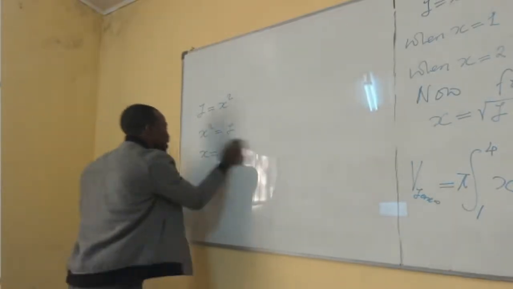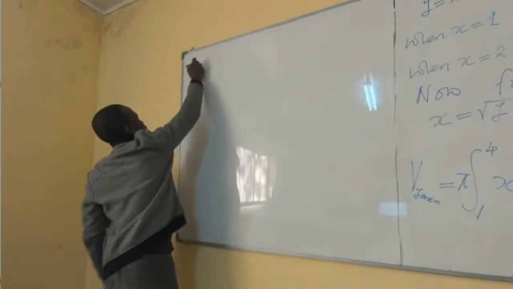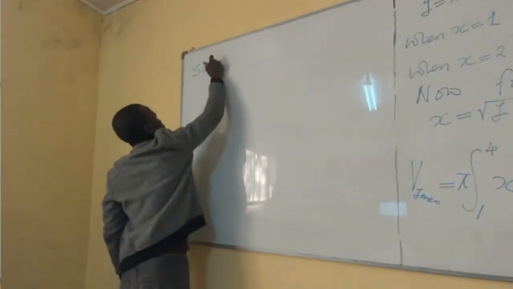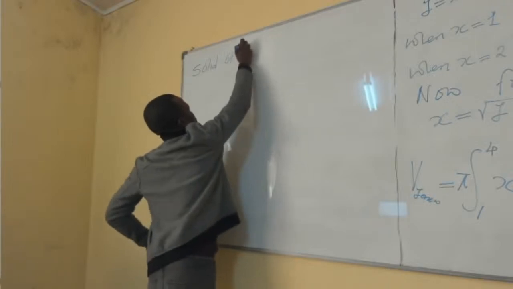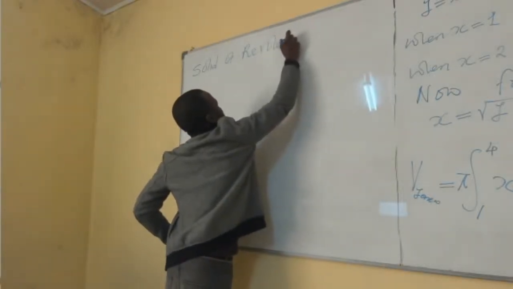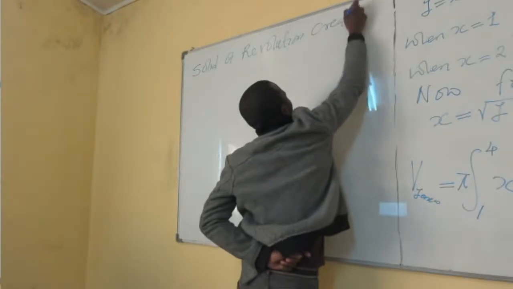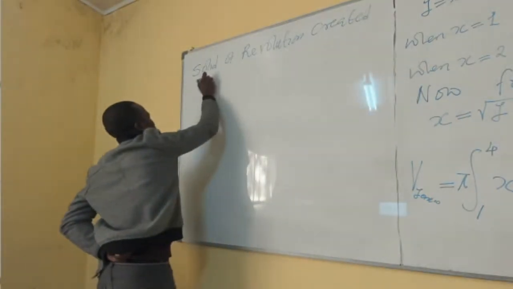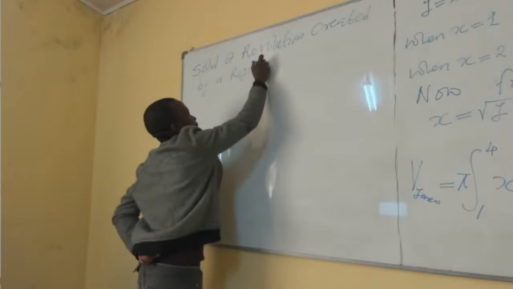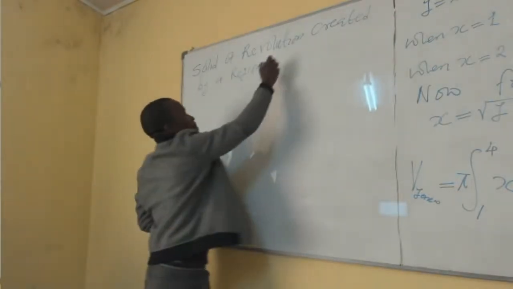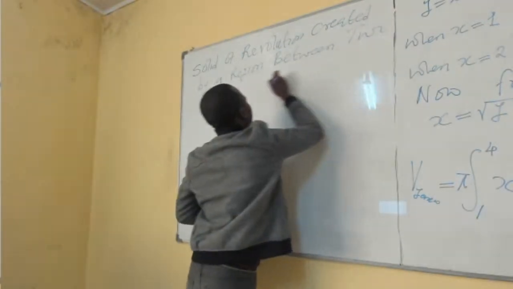Now what happens if we have two curves? So the next one is solid of revolution created by a region between two curves.